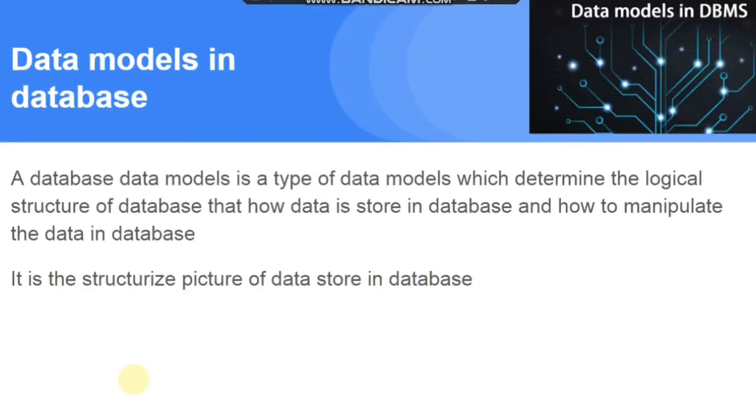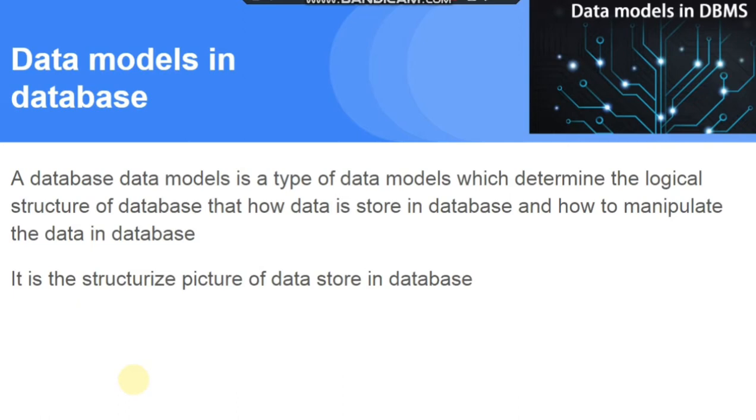So, data model in database. A database data model is a type of data model which determines the logical structure of a database, that is, how data is stored in the database and how to manipulate the data in the database. It is the structured picture of the data stored in the database.